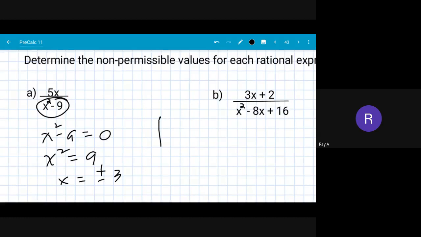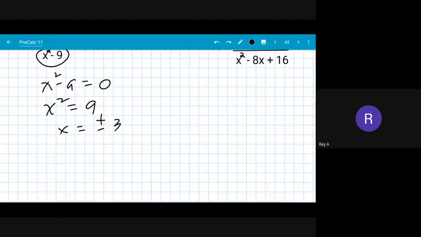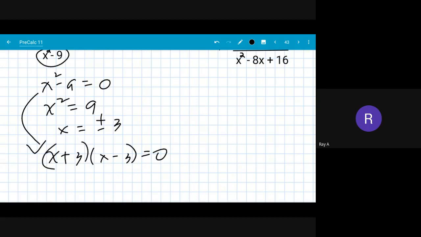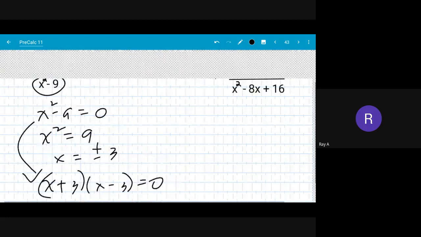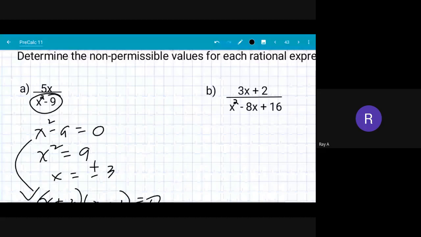Or you can factor it, which will be the same. x plus 3 equals 0, x minus 3 equals 0. This one is negative 3, this one is positive 3. So same idea. So the non-permissible values are 3, negative 3.